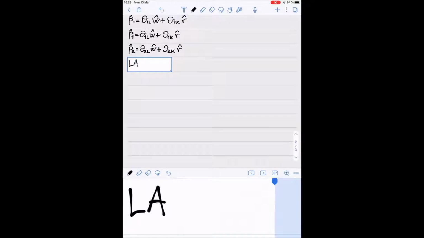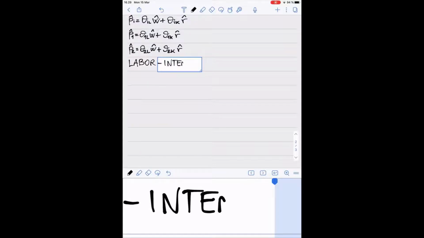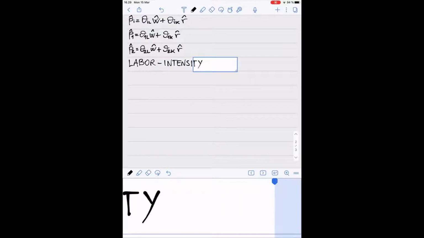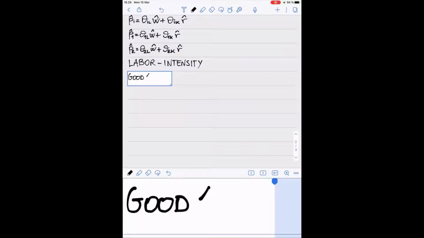Before we begin, let's think a little bit about the labor intensity. Okay. In particular, let us make the assumption that good one is labor intensive. Nice. So good one.